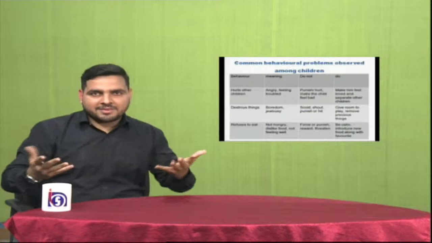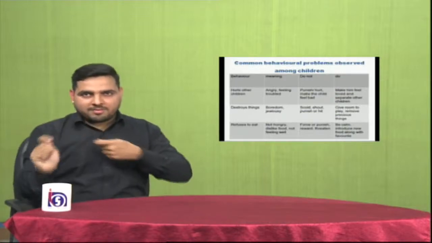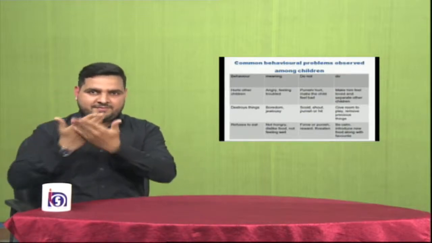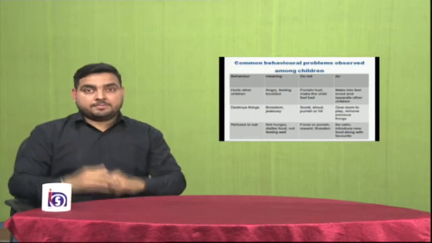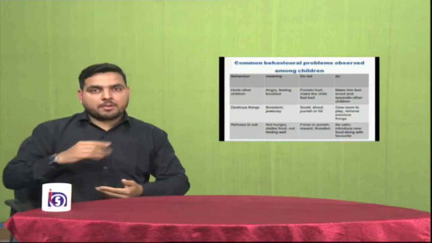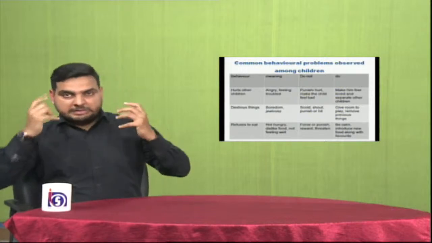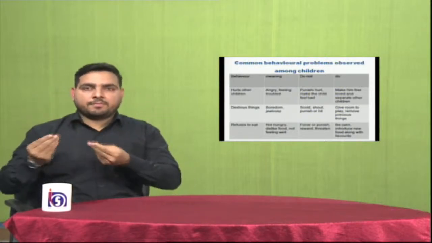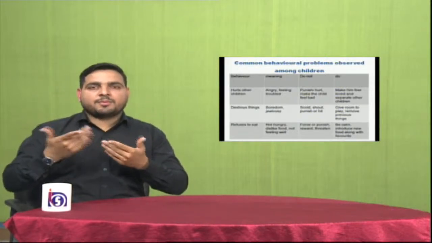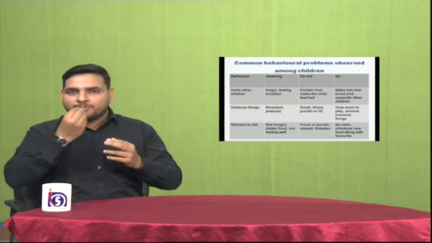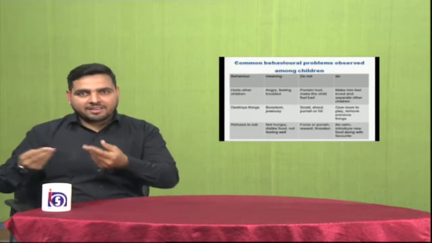Remove all the precious things so that the child can play with all the toys he wants. When the child is refusing to eat, stay calm. Introduce new food along with the favorite food of the child.